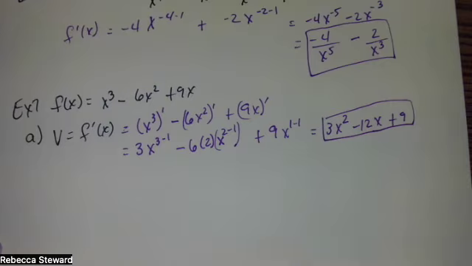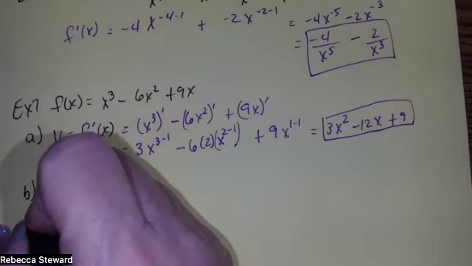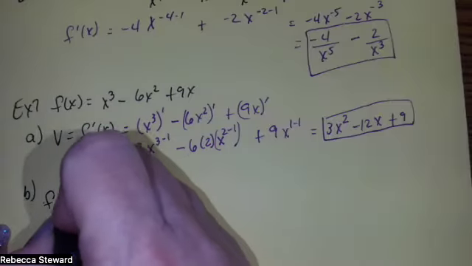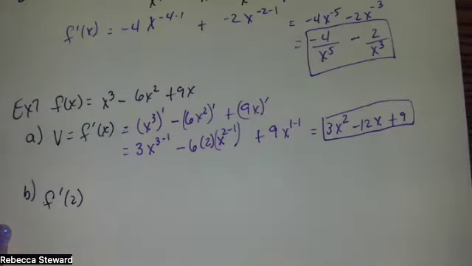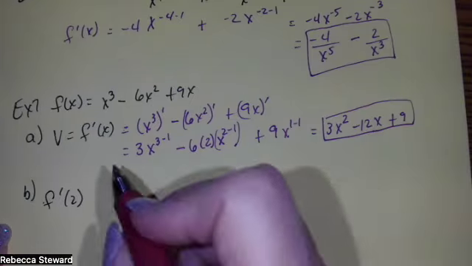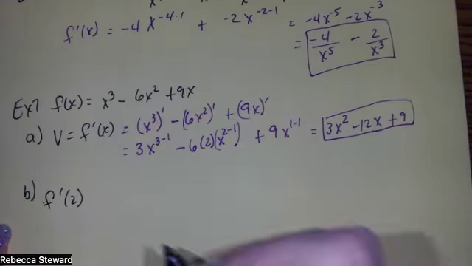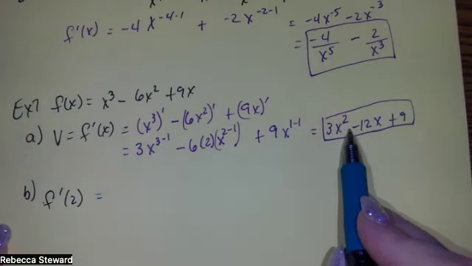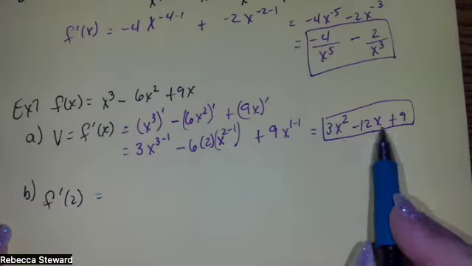All right, part B, as we read, we are looking to find the velocity at x equals 2 and x equals 5. So that means we're looking at f prime at 2, and f prime at 2 is going to be this, because that is our derivative right there. We're going to plug in 2.